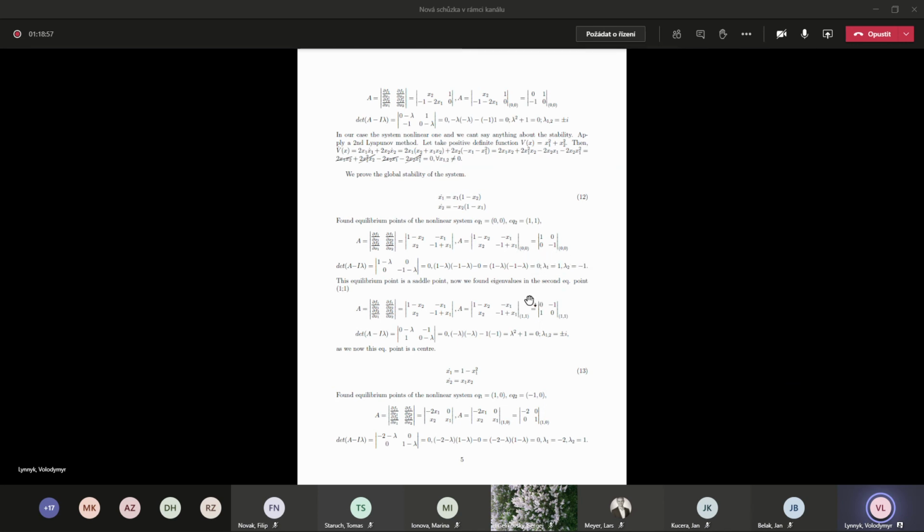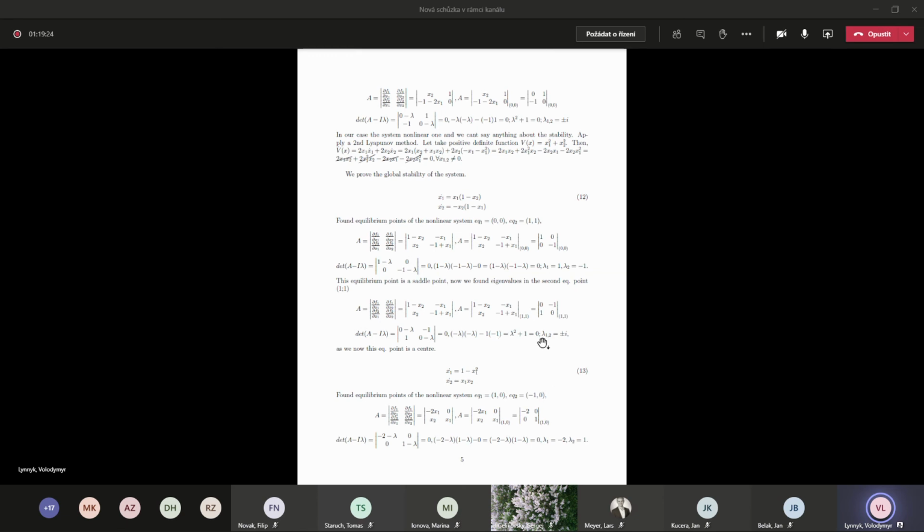And now we find the eigenvalues in the second equilibrium point, (1, 1). Okay, we calculate and put this (1, 1) here, and now we found that lambda squared plus 1 is equal to 0, and lambda 1,2 is equal to plus minus j.